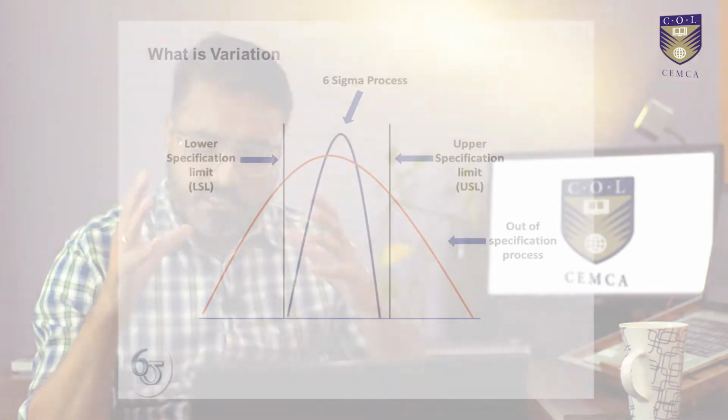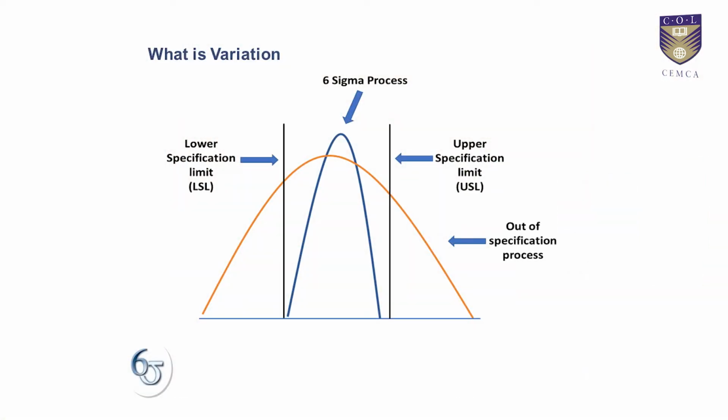So as you can see in the slide here, we are talking about what is variation. In terms of Six Sigma methodology, or if I say in a very general sense, the variation is nothing but this: the customer gives you a requirement, and if we are able to deliver our product or our service within the specified requirements by the customer, then we are good.